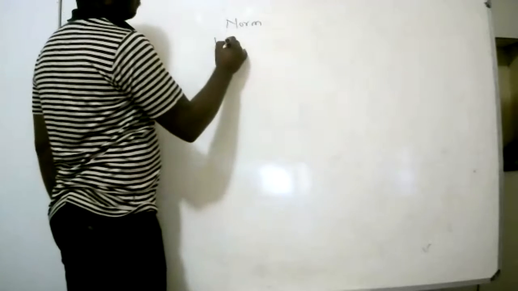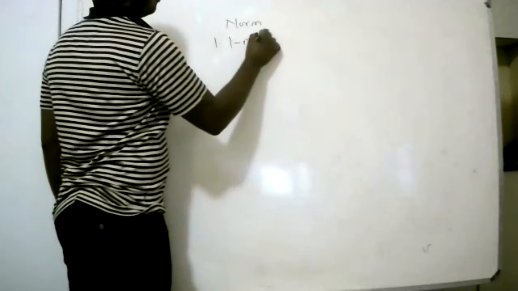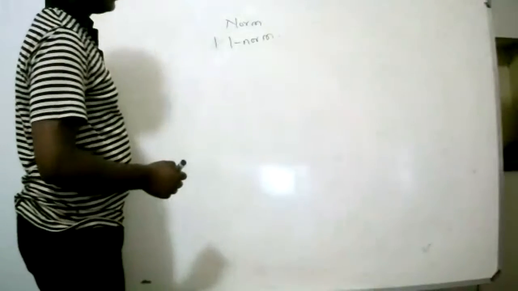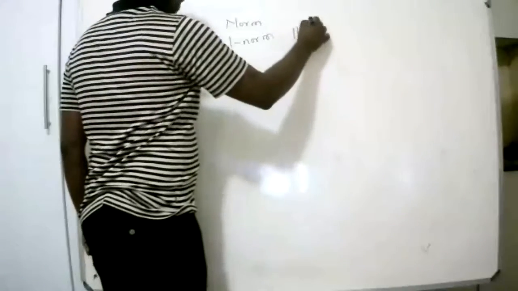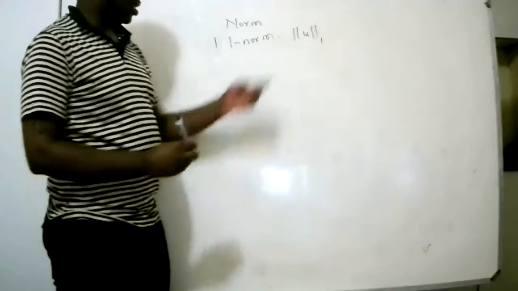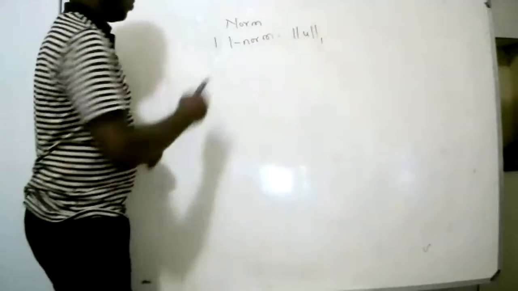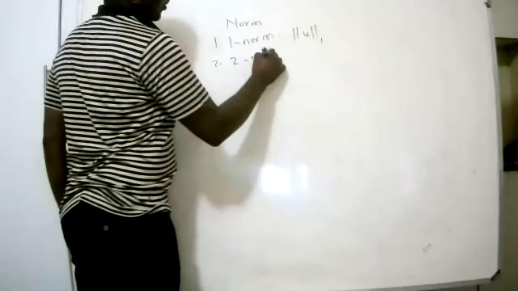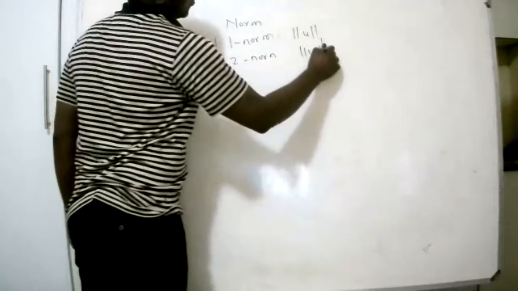Which norms did we cover? We covered what is called the one norm, and I've given you the formula for calculating it. Usually norms are represented with symbols like this. This is the one norm of U. Then we covered the two norm, which you can write in this form.